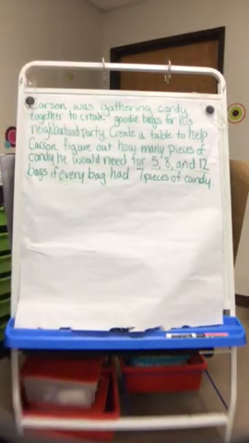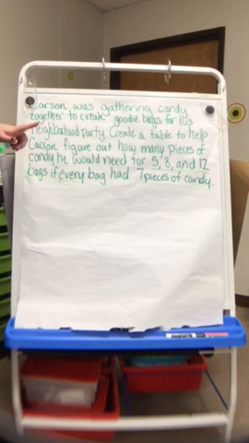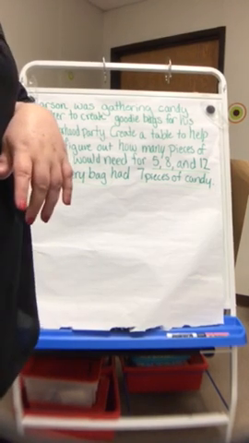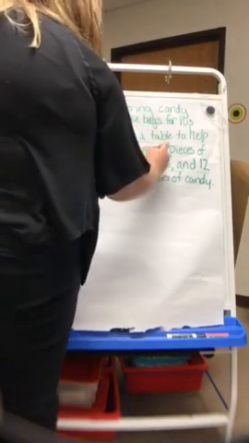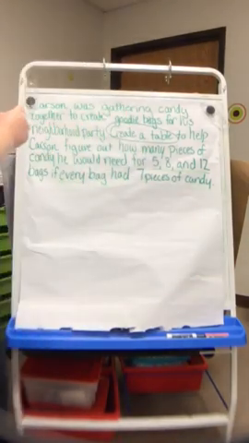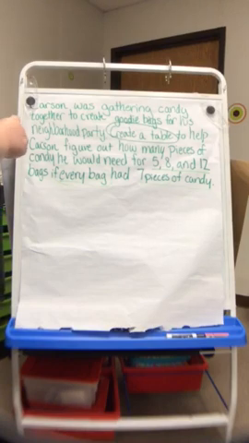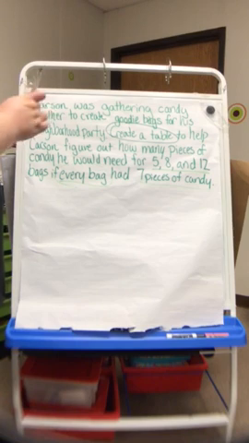Okay, so one thing I noticed this problem is asking us to do is create a table. So that's one of the things we need to notice, that we're going to be creating a table. I also noticed we need to know how many bags he's going to ultimately have.